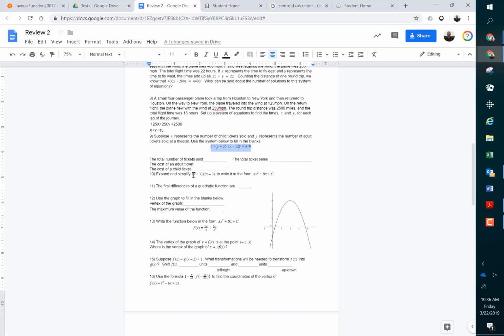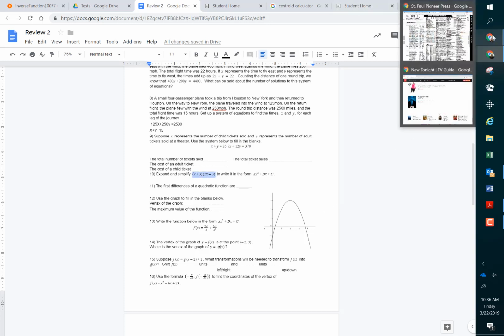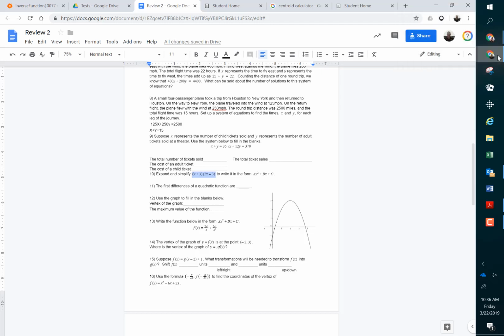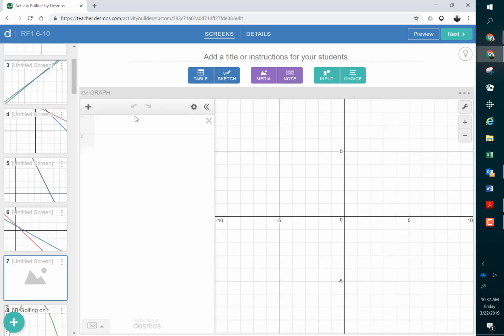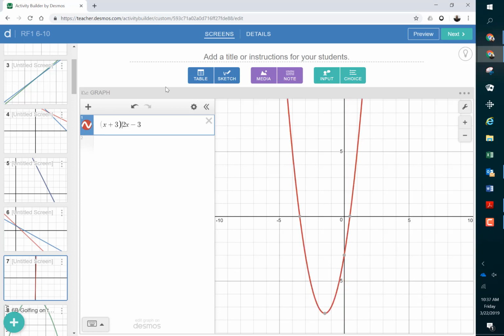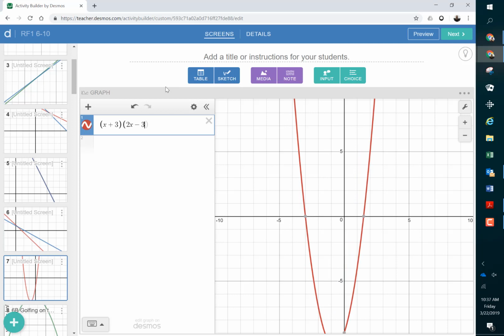Expand and simplify. So let's take this, copy, and let's paste it in Desmos. And when we do, we get the two solutions are -3 and +1.5, and it's open up.